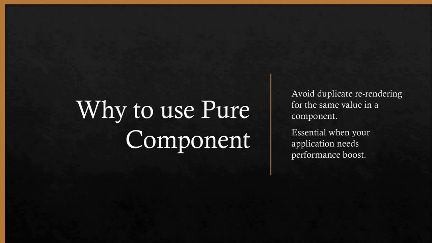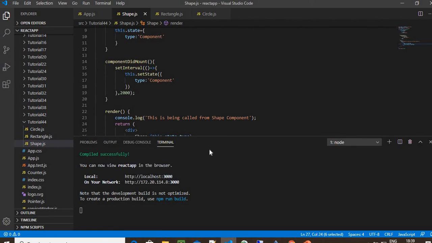If there are duplicates, it would still render the component, right? If you are using pure components there, it would do a shallow comparison and find whether the value is duplicated inside the list or not. If it is duplicated, it won't re-render the component in your web page. So this is one of the main advantages of pure components.